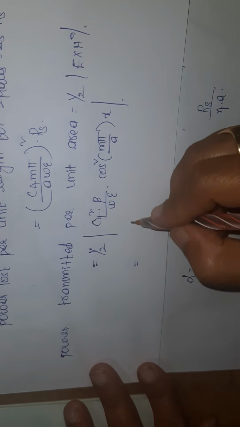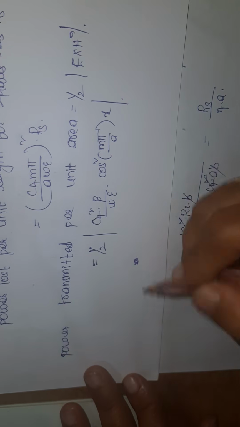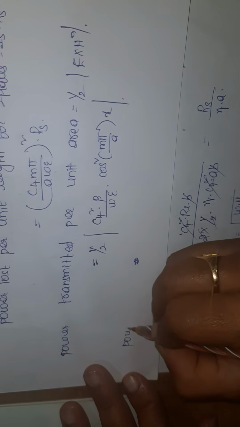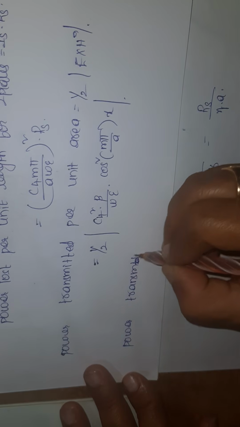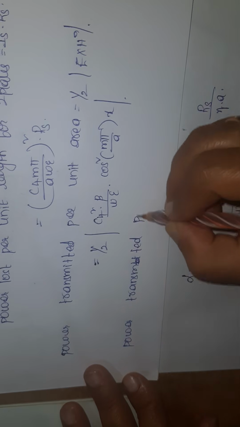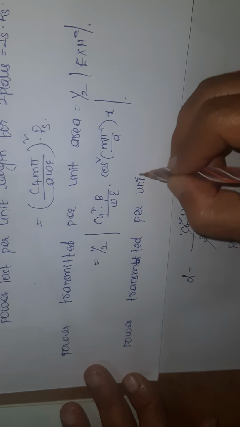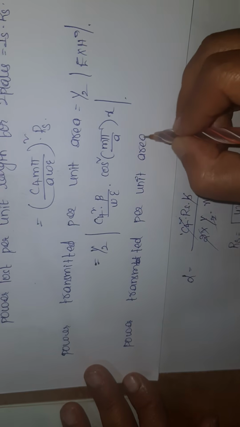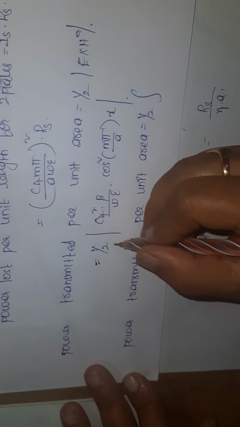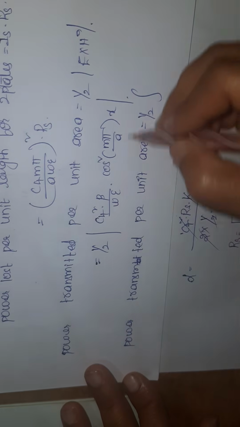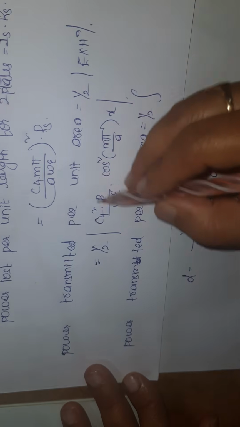So here power transmitted per unit area is equal to same, and directly placing 1 by 2 here. Here this is the power transmitted per unit area.